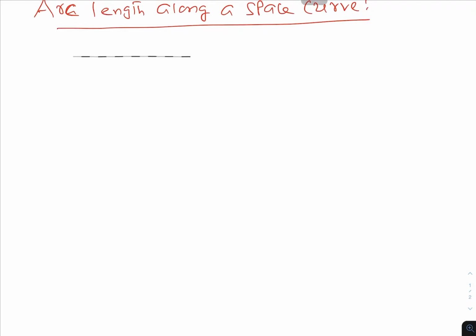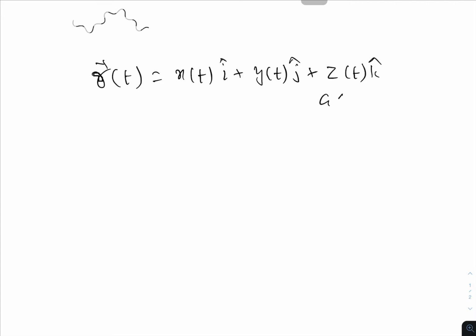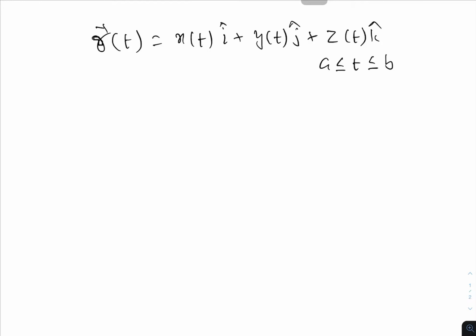So the length of a parameterized curve in space, say r(t) is x(t) i plus y(t) j plus z(t) k, say t ranges from a to b, and we would like to write the formula for the length of the arc.